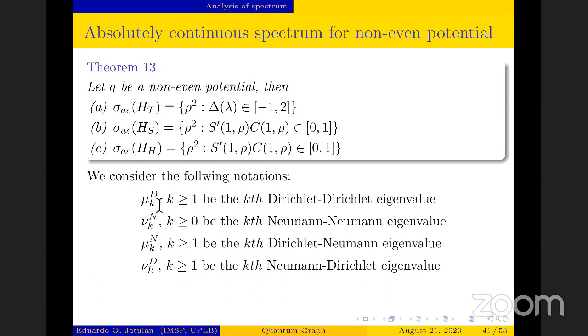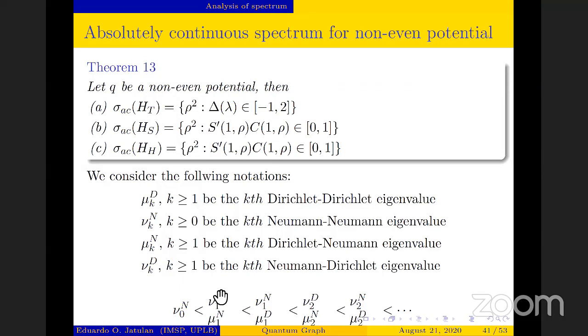And if we assume the eigenvalues on the line segment, it means that Dirichlet, at a given point, the function values are all zeros. And Neumann means the derivative conditions, they are 0. So we have Dirichlet, Neumann, Neumann, Dirichlet.